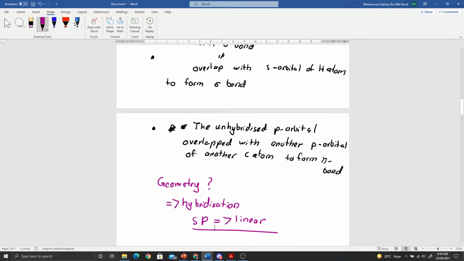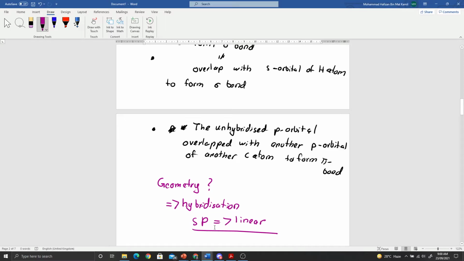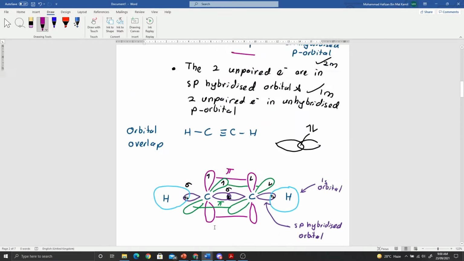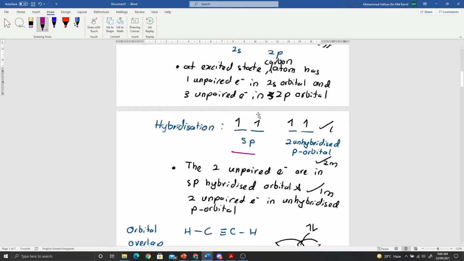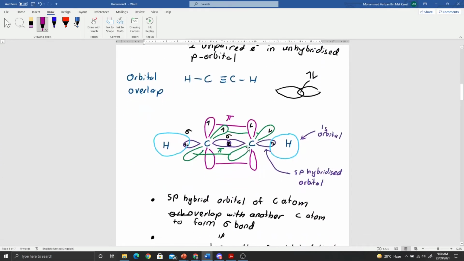It's good if you write it, but sometimes they don't ask unless the question specifically asks for the bond angle. That means there are marks. Because this kind of question asks about hybridization, it focuses more on electrons, which orbitals are involved, which orbitals are mixed, and how the overlap happens.